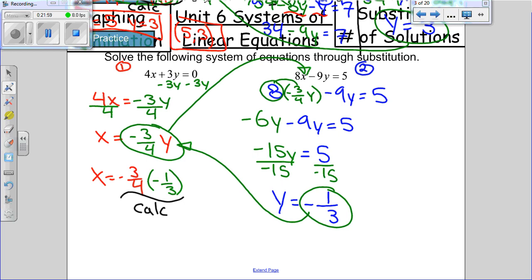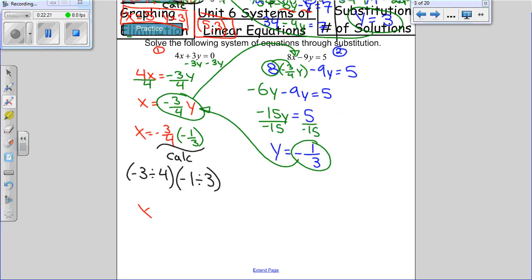That's telling my calculator this is a fraction. And then I go bracket negative 1 divided by 3 bracket. That's the other fraction I want to multiply by. If you do that, you should get the answer of x equals 1 over 4 or 0.25.